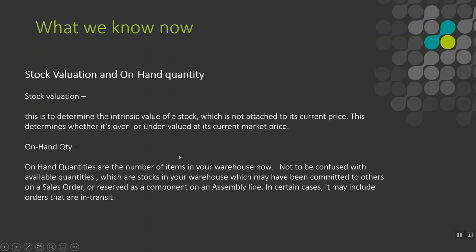It's not to be confused with available quantities, which are stocks in your warehouse which already may have been committed to others on a sales order, or perhaps it's been reserved as a component, or in certain cases, it may include orders that are in transit. So very different what available quantities are with on-hand quantities.